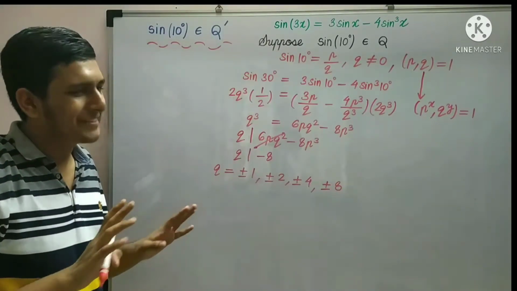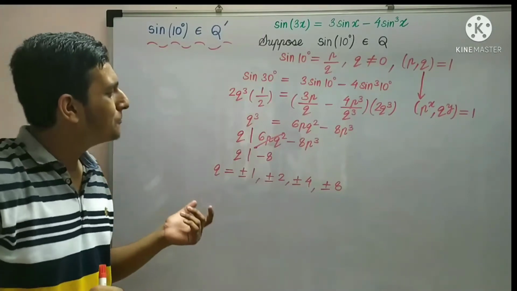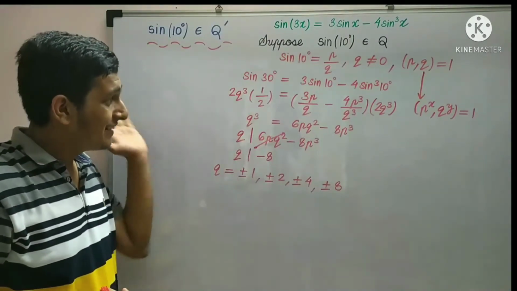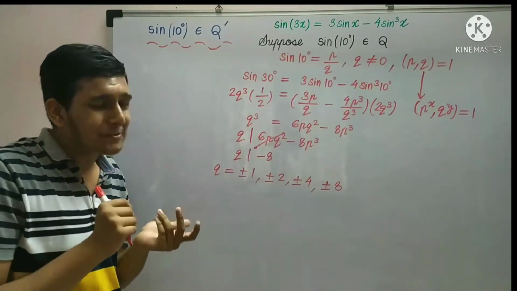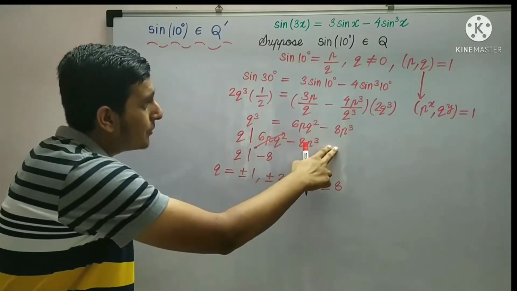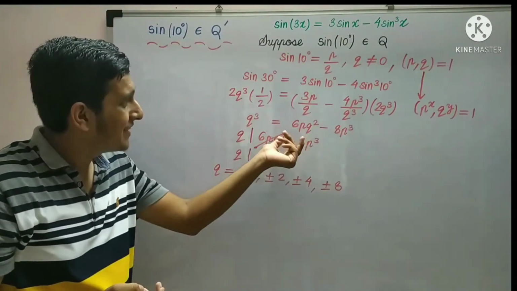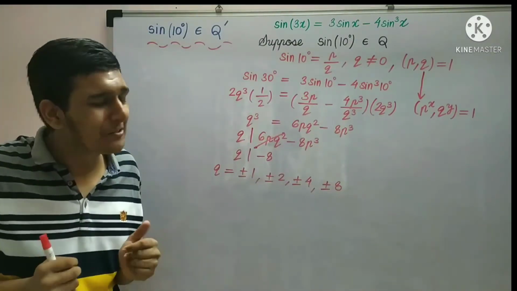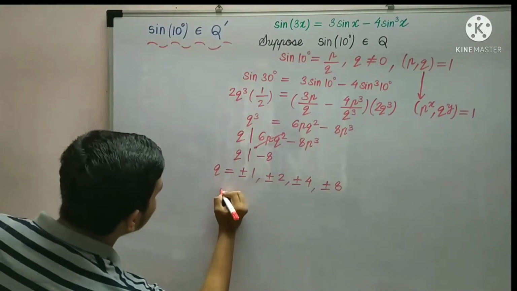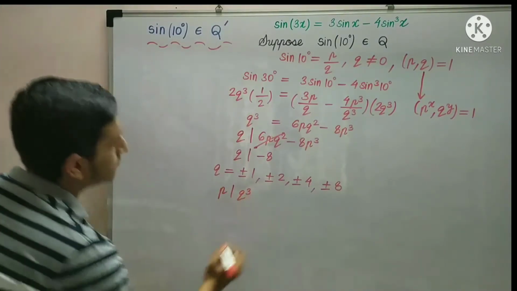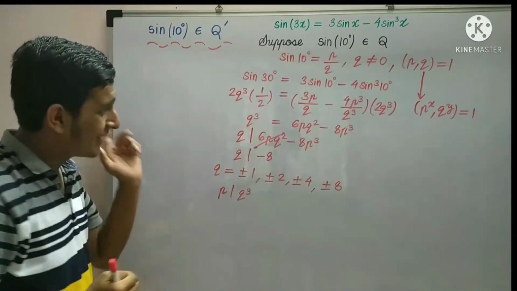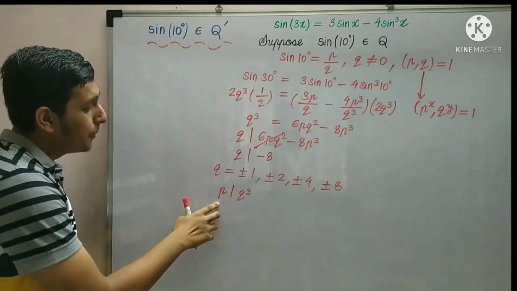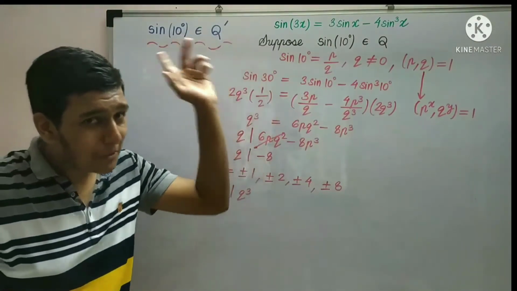Wait a second, this is not game over yet. P cubed resents the elimination it just received and tries to play the same game with Q. It says that I divide the RHS as well because 6pq squared has P in it and 8p cubed has 3 factors of P in it, forcing the LHS to become a multiple of P. Again, by using this property, if P and Q are co-prime integers, P raised to 1 and Q raised to 3 must be co-prime integers.